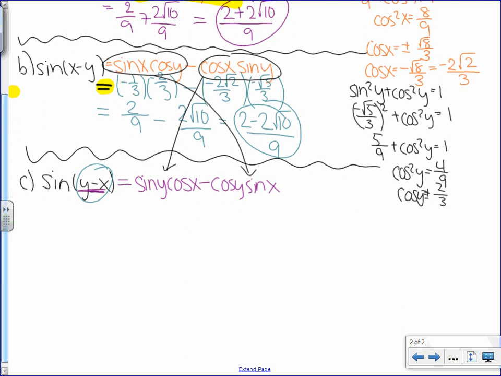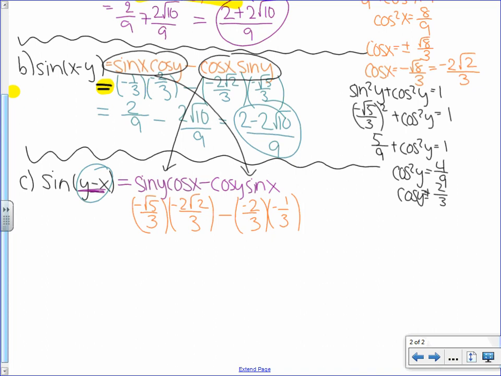And now we're just going to plug in what we know. So the sine of y is negative the square root of 5 over 3. Cosine x is negative 2 the square root of 2 over 3. Minus the cosine of y is negative 2/3. And the sine of x is negative 1/3.